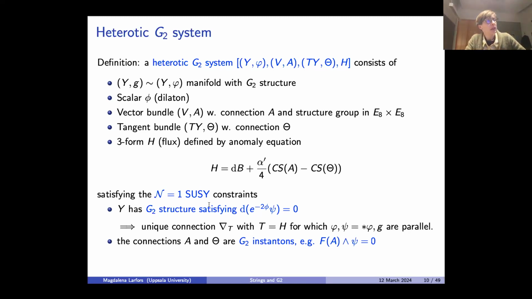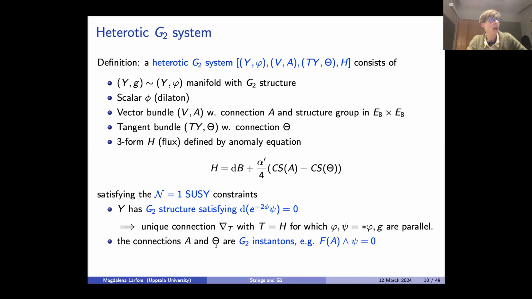The idea is that there are conditions coming from supersymmetry. They translate to conditions on the geometry, and also to conditions on the vector bundles. We have a condition on the gauge vector bundle that it should be a G2 instanton.